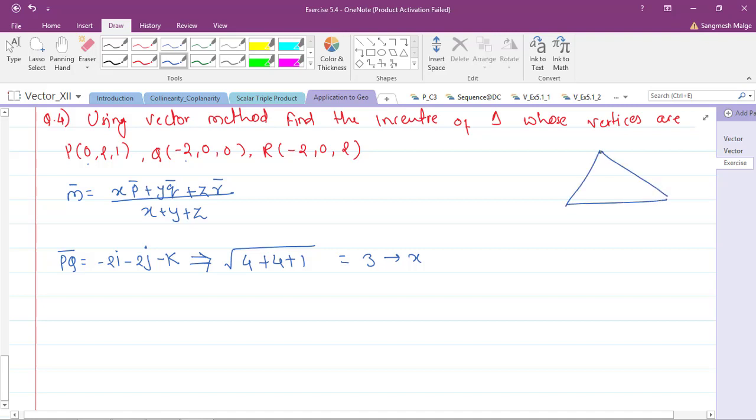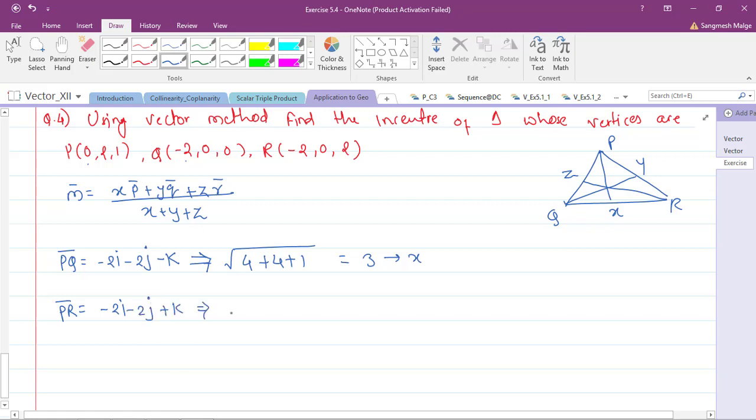So this is a triangle with angle bisectors, and it is like this. If it is P, this is x; if it is Q, this is y; and if it is R, then this is z. Okay, x is done, we got x with P. Then find PR bar. PR bar is nothing but R minus P, so minus 2i minus 2j and 2 minus 1 is plus k.